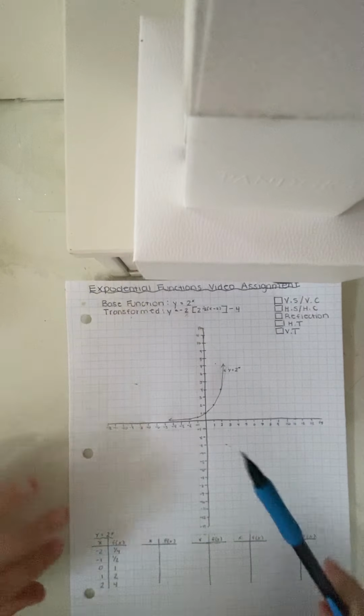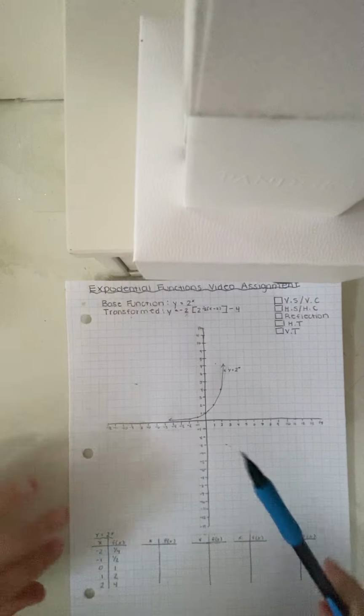And then over here, my y values would have a vertical translation by a factor of 4. Since it is minus 4, that means that they will have to translate 4 units down. So we'd have to subtract 4 from all of these. So minus 1 over 2 minus 4 would equal minus 4.5.